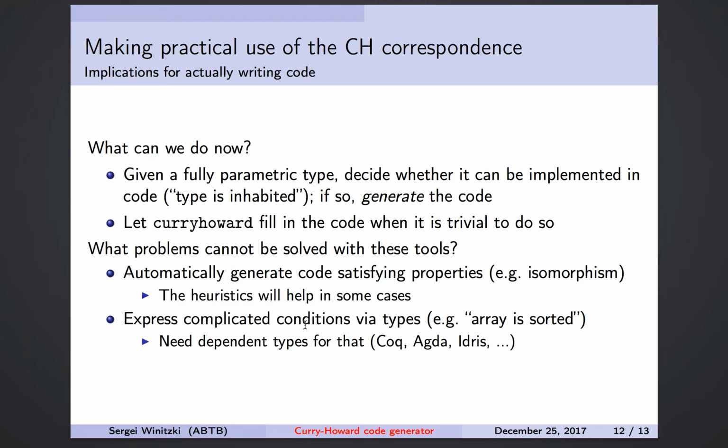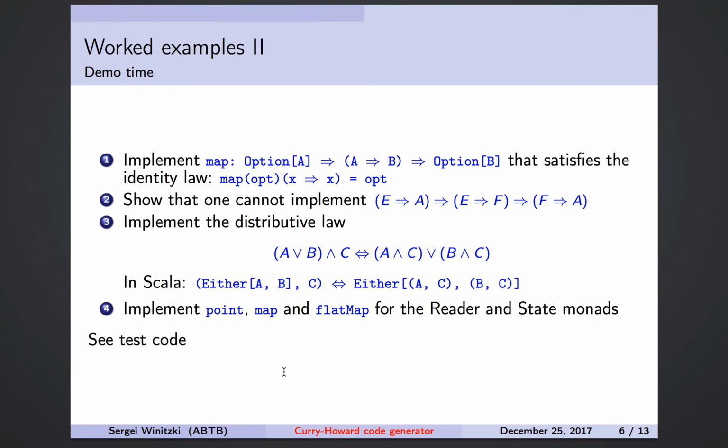Much more powerful type systems, such as dependent types, are necessary if you want to encode in the type that certain non-trivial property is satisfied, such as what we saw before in the option here. We might want the identity law, that this map function, when used on an identity function, does not lose any information from the option. It takes your option and returns the same value.